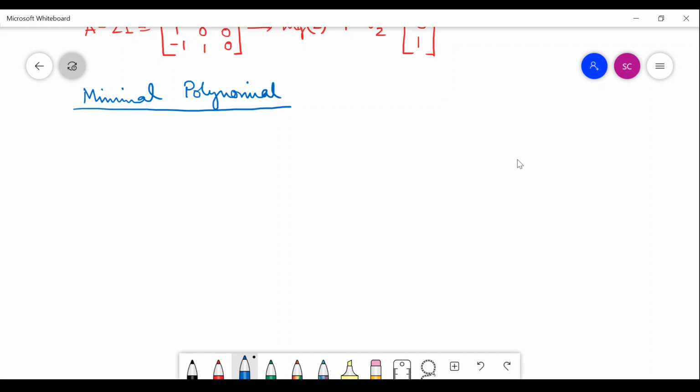You have a characteristic polynomial. If you have a matrix A, characteristic polynomials are defined for matrices A. This equation will actually be a polynomial in lambda, and for the purpose of being general, I will write it as x for the time being.